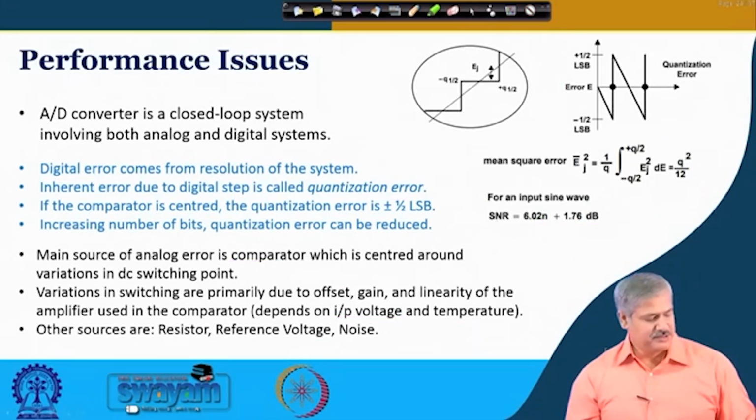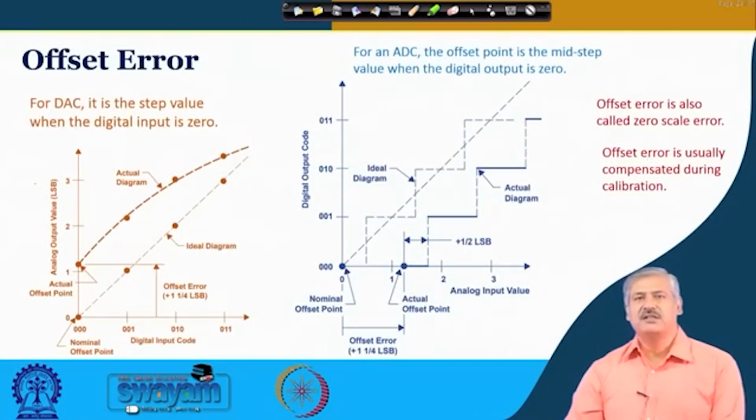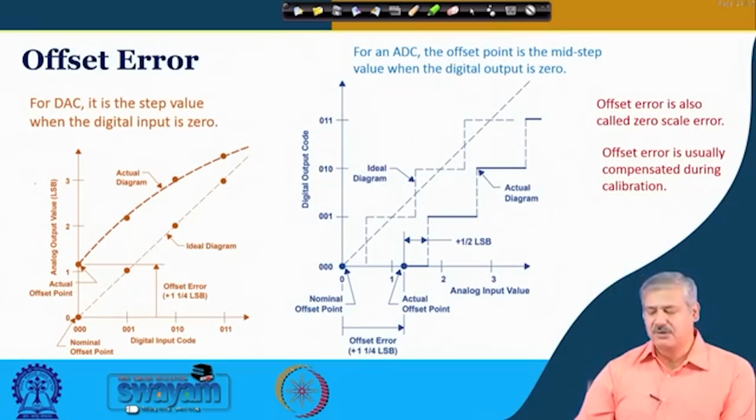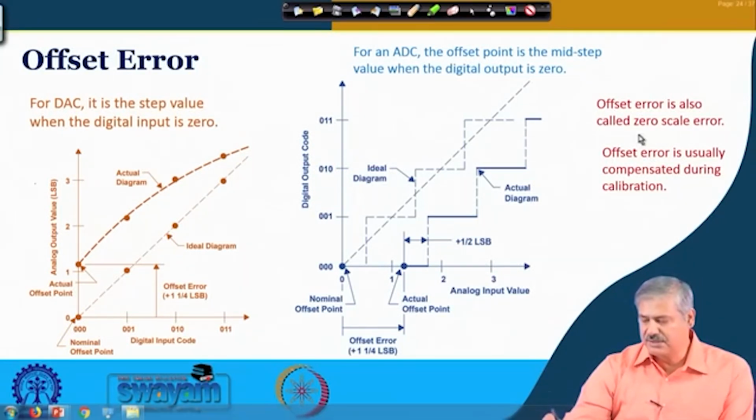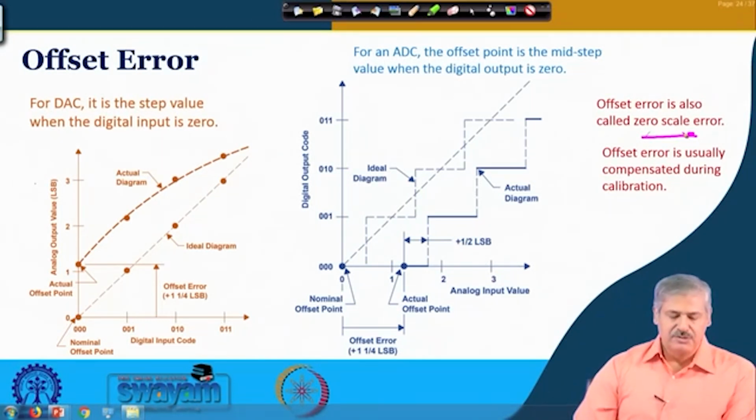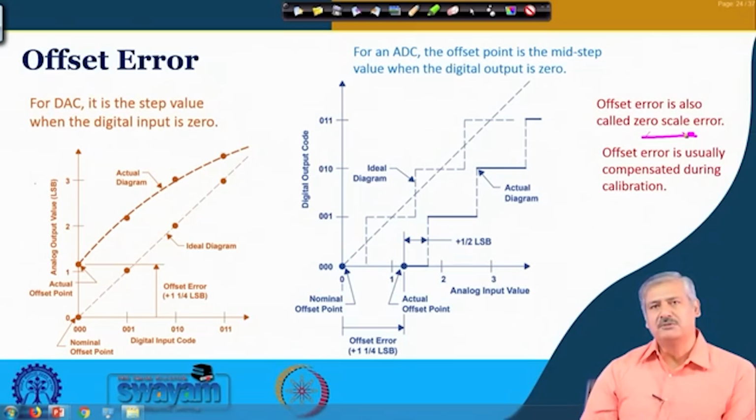So, we begin with offset error. Offset error is also called zero scale error. What is it? For DAC, as I said, this part is common. When we discussed DAC performance issues, we said we will take up this aspect together with ADC.